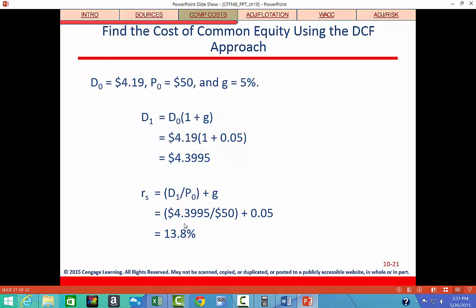So now that we have D1, we substitute that into this equation, divided by 50, and then you'll get a decimal number here, and then you add 0.05. So just be careful here to always do D1 divided by P0 and then add the growth rate. And so you get 13.8% as a second estimate.